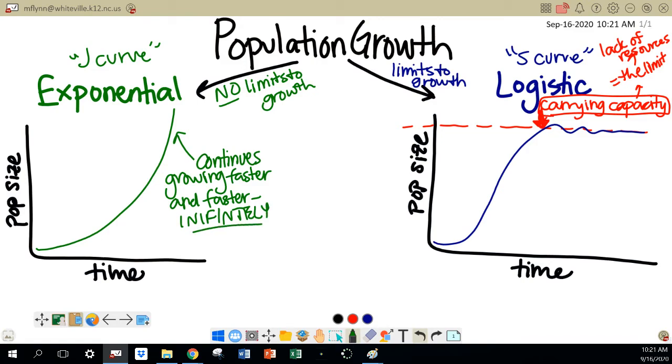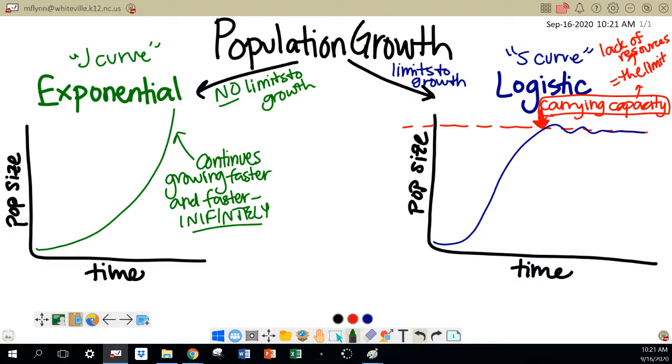Okay, so it'll keep growing. It'll keep doing that forever according to that model. Recognize that that obviously is not a real thing as far as the actual forever part.